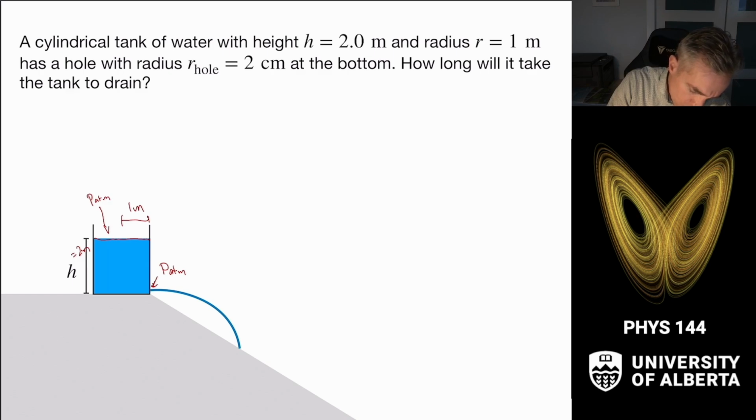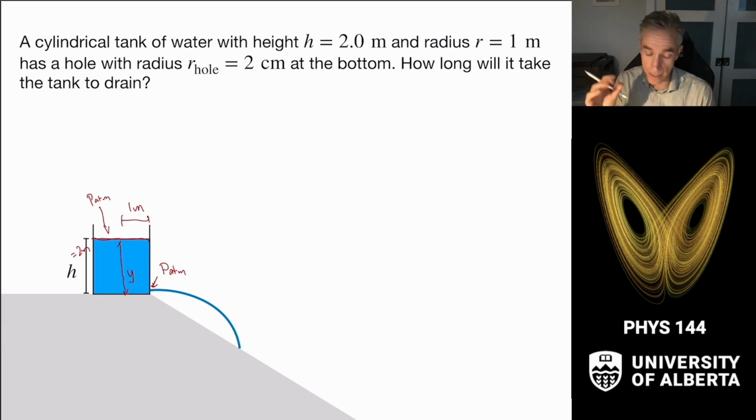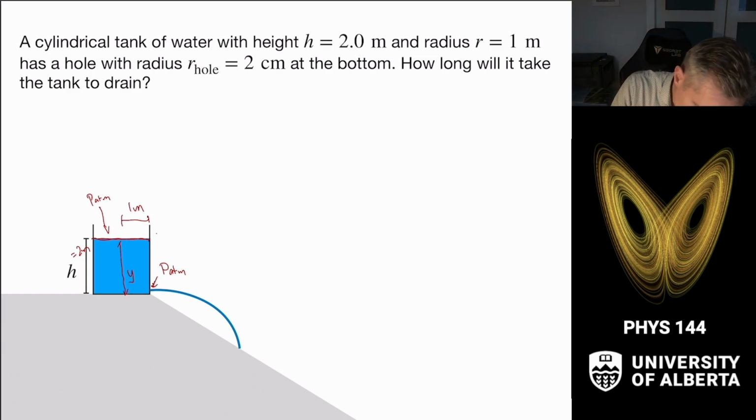So this is one area that is flowing through, at some height h. I'm going to start calling it the height y, because y is going to change. And then the flow out at the bottom is also at atmospheric pressure because it's vented to the air, but we can still apply the Bernoulli equation.